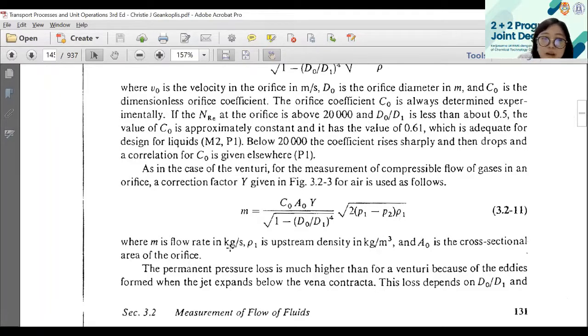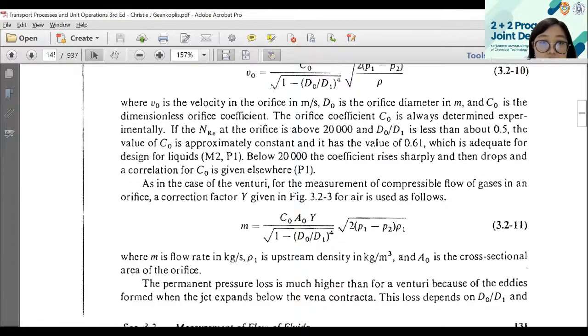So that's why we cannot use velocity, but we have to use mass or mass flux because it will not change very significantly. So we use mass again.